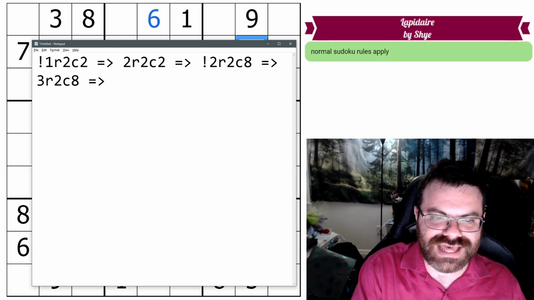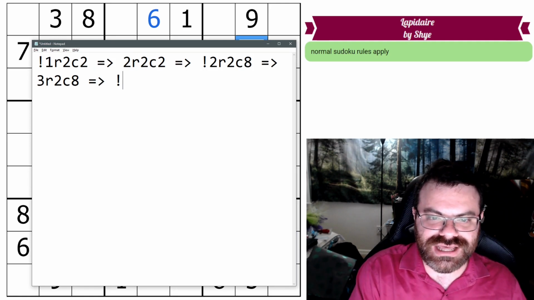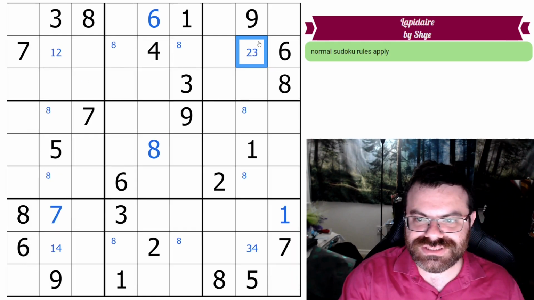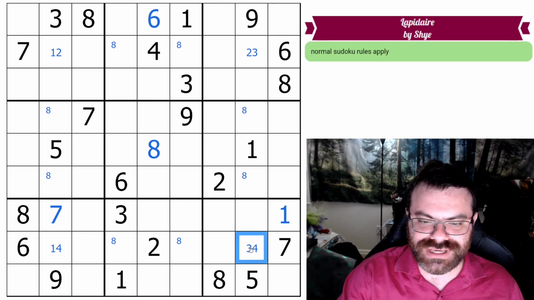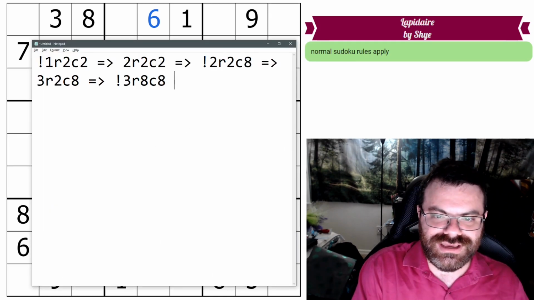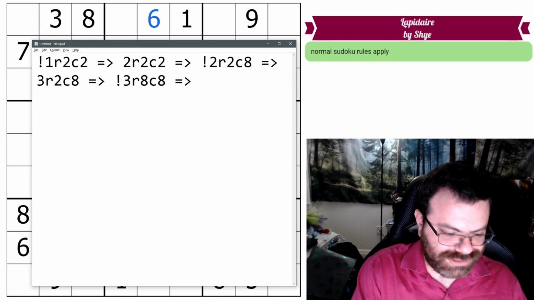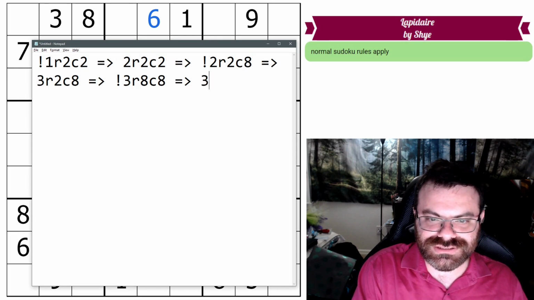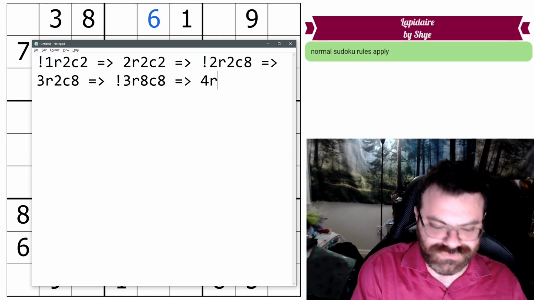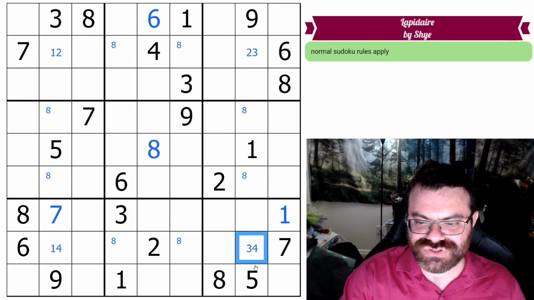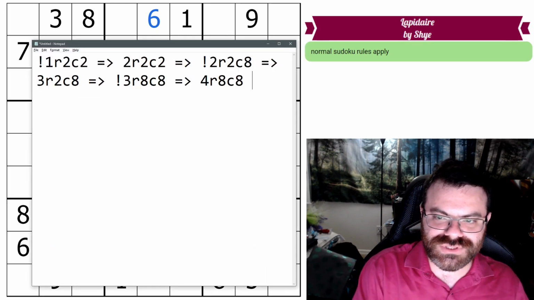We can keep going. That's going to imply that there's not a 3 in row 8, column 8, because if there is a 3 in row 2, column 8, there is not a 3 in row 8, column 8. And then that implies that there is a 4 in row 8, column 8, because there's a strong link between the 3 and the 4. We're almost done with this chain.